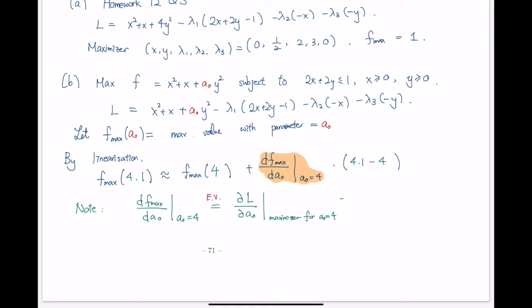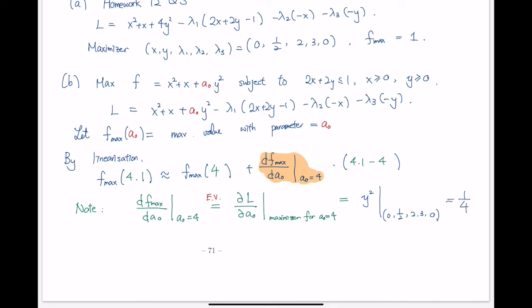Okay? So let's do it step by step. Differentiating L with respect to A0, L is here. Differentiating with respect to A0, I get y squared. So this is just y squared, evaluated at the maximizer for when the parameter is 4. According to part A, the maximizer when the parameter is 4 is given here: 0, half, 2, 3, 0. So in particular, y is here, so y squared becomes a quarter.